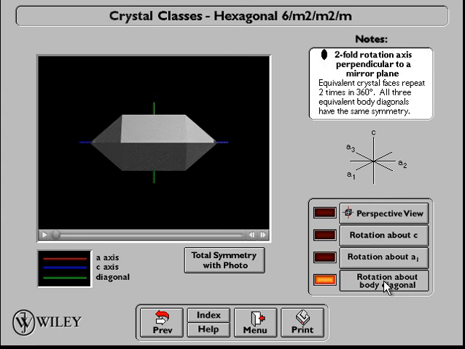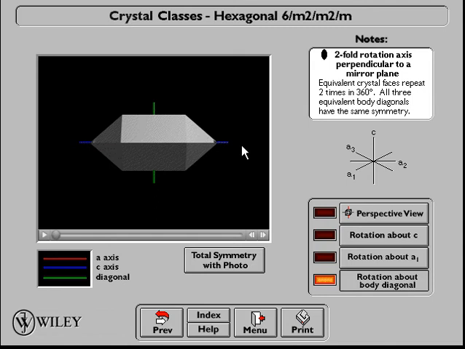Then we are going to the last button here, rotation about the body diagonal. So here we have again a two-fold rotation axis perpendicular to a mirror plane. Here is the two-fold rotation axis. Here we have our mirror plane, yeah? Equivalent crystal faces repeat 2 times in 360 degrees.